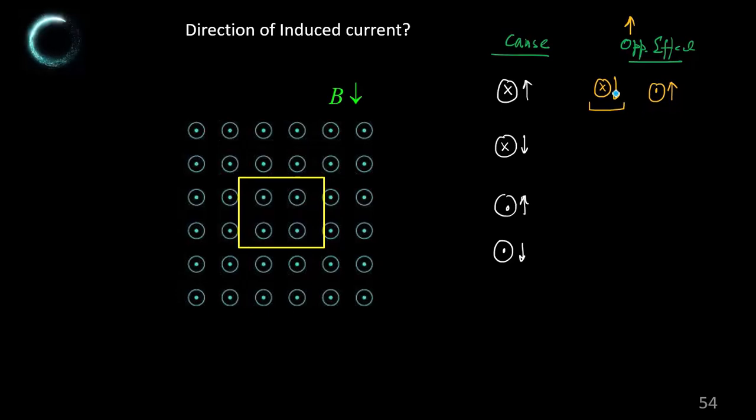So cross is increasing, into the plane of paper. Magnetic field lines are increasing. So the opposing effect is that you have to produce the magnetic field lines in the other direction, that is the dot direction. Let's do this clearly. Let's say this is the plane of paper. These yellow magnetic field lines are increasing, that is, cross is increasing.